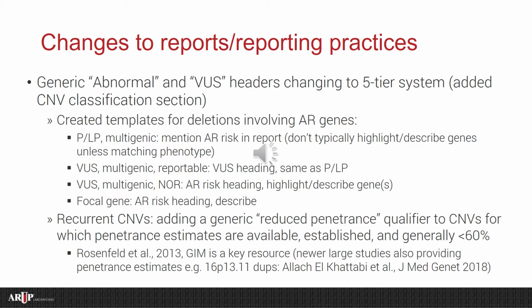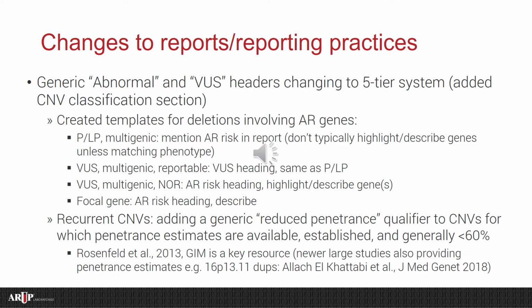And as I mentioned earlier, for recurrent CNVs, we've started to add the generic reduced penetrance qualifier to reports for CNVs for which penetrance estimates are both available and established. And so there should be a reasonable sample size and resultant confidence interval around such estimates in order to use them. For this, we've been using a threshold of 60%, below which we'll tack on the reduced penetrance qualifier.